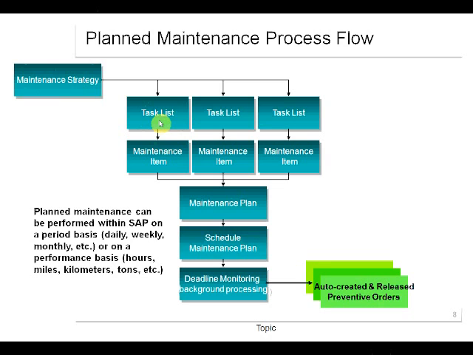Say every 1 year I'll check my spark plug. Every 30,000 kilometers run, I'll change my tire. So the tasks that you have input, you will assign to the strategy, saying on what strategy and what all operations I'm going to carry out.